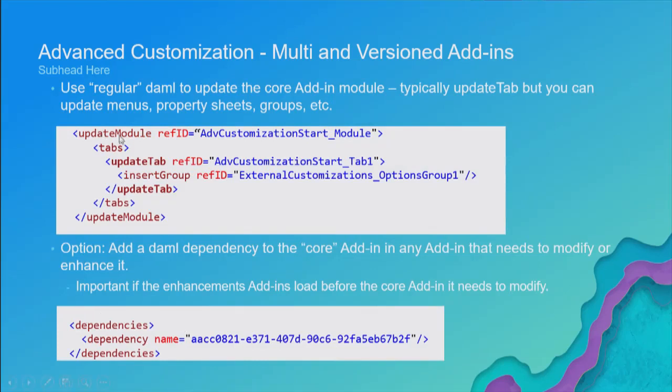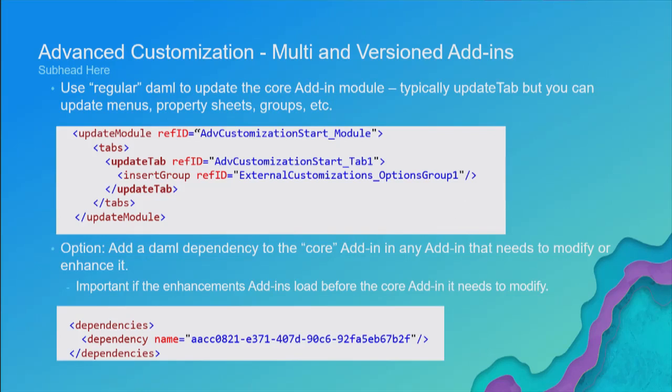You specify the module that you want to update. In this case, my advanced customization start add-in. In this case, I want to update a tab in that add-in, the tab advanced customization start tab 1. And into that, I want to insert a group in my extension add-in that contains those 3 buttons. So the DAML looks like this.